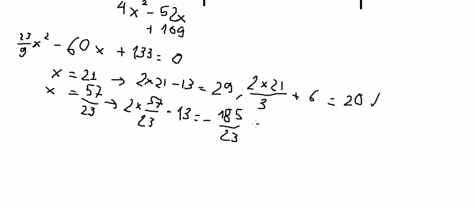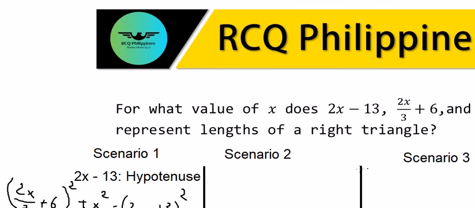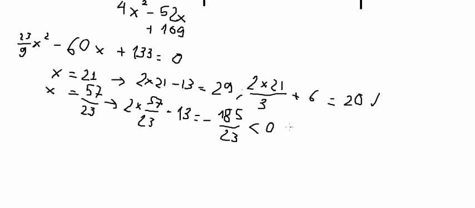That means this is below 0. But we know the length should be a positive number, so we cannot accept this one. So the answer we need to find should be 21, 29 and 20.